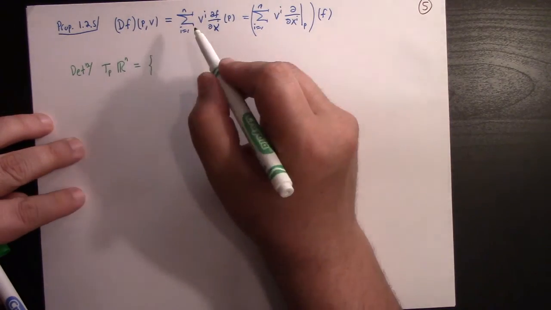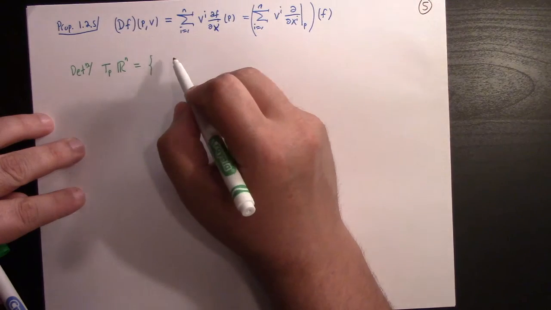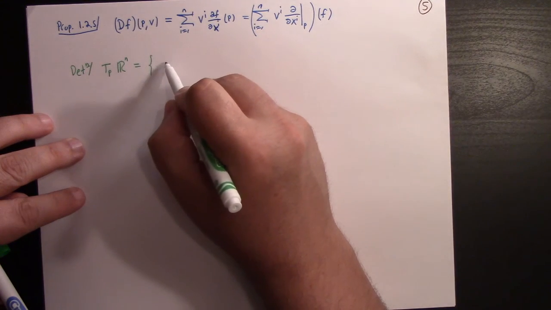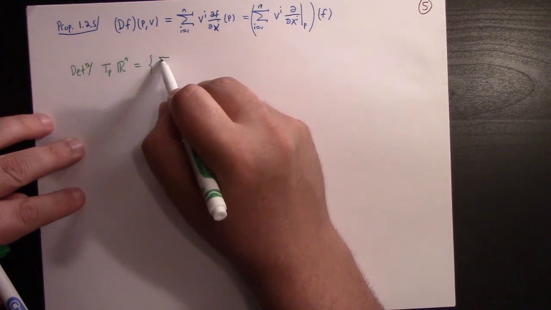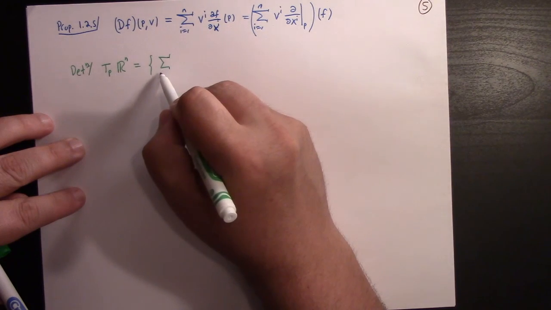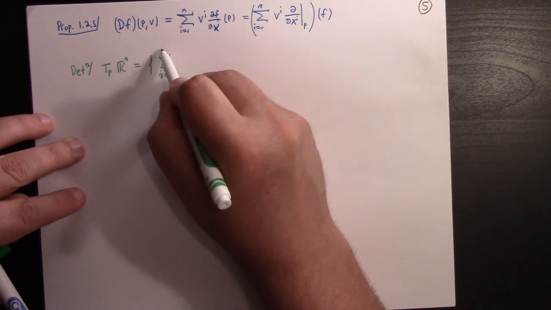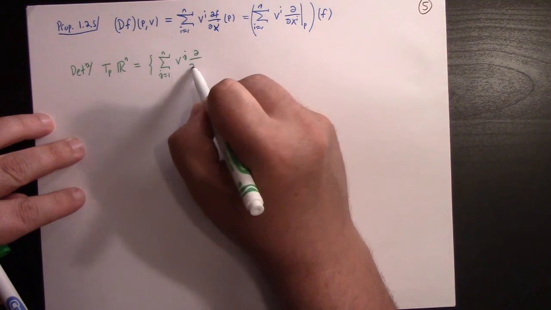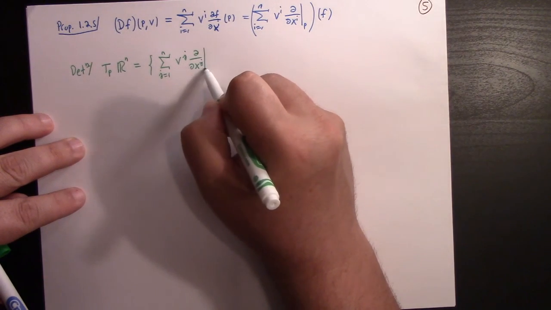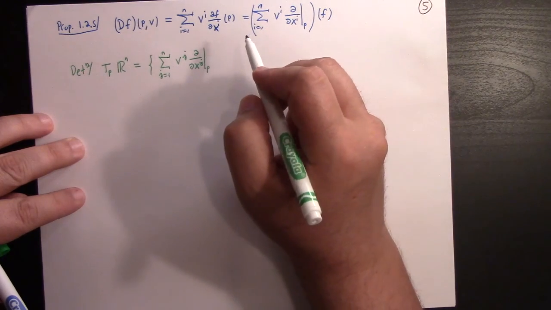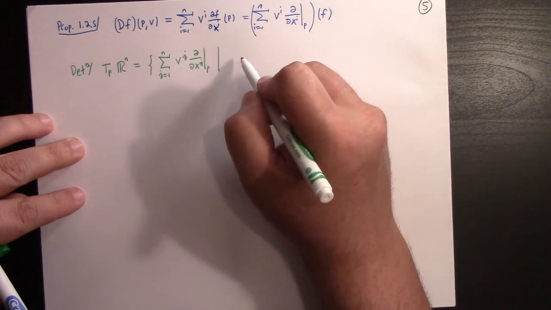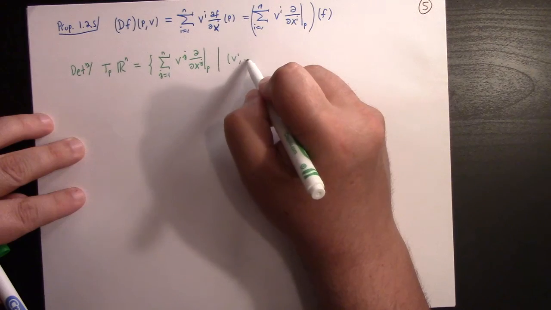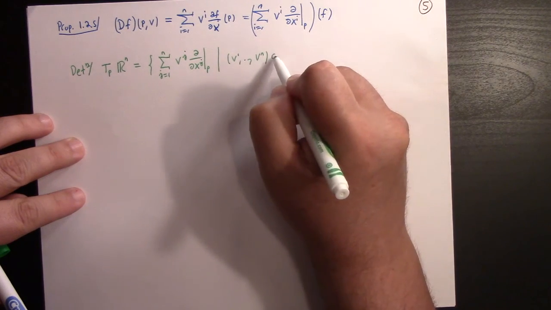So the tangent space at P of R n, we're going to define it, okay, to be something like this. Sum, and I'm going to use j for change, j equals 1 to n of v j partial x j applied to the point P, such that, well, v 1 through v n, that's just an element of R n, okay?